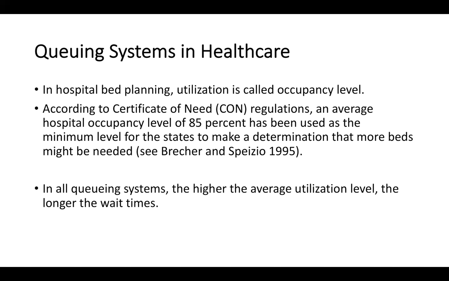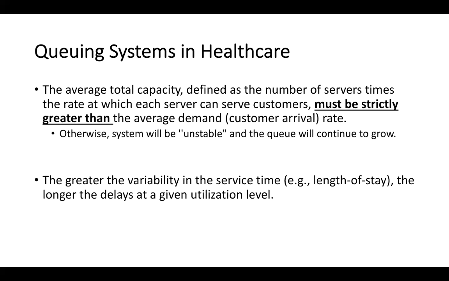But generally in any healthcare unit, the higher the utilization of beds, the longer the waiting time is, and that's obviously very intuitive. With higher utilization, people will end up waiting longer for patients to be discharged and a bed to be available.